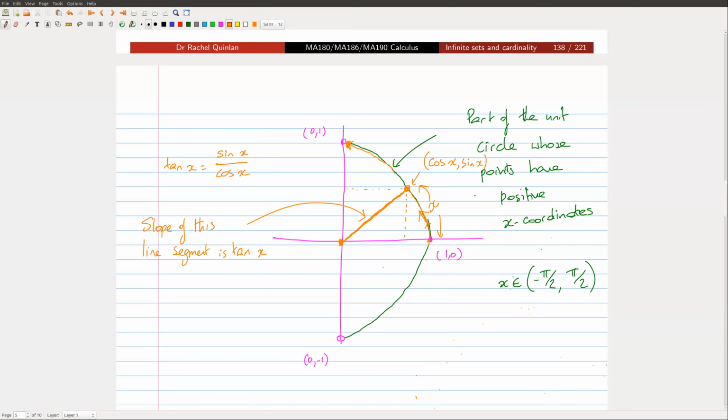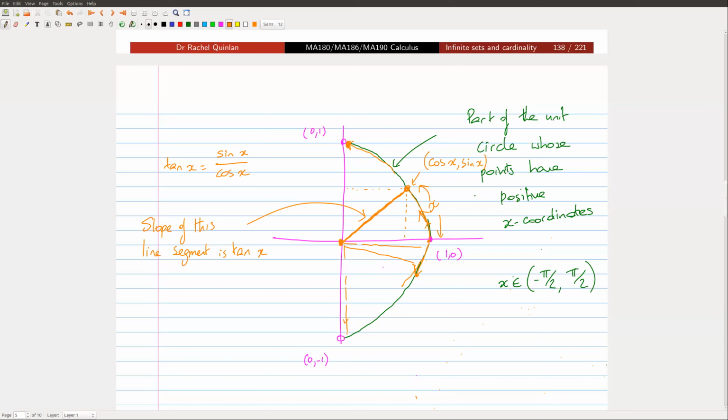And as we go in the negative direction, if x is negative, we take an arc whose length is the absolute value of x in the clockwise direction from 1, 0. And here, the slope goes through all negative values from 0 all the way down, approaching minus infinity down here.